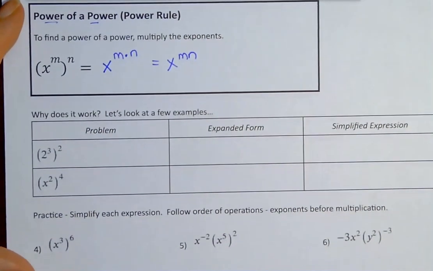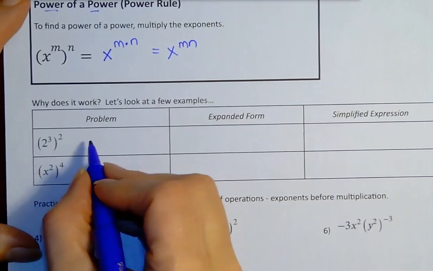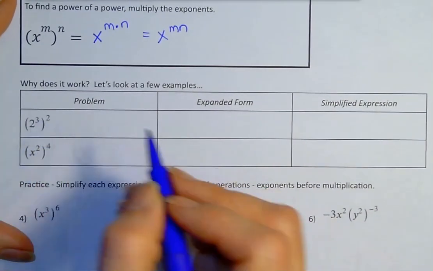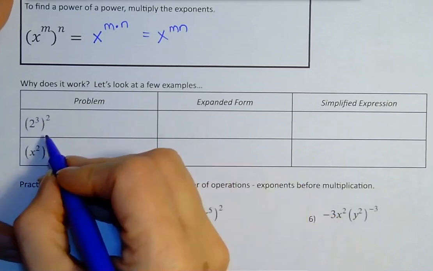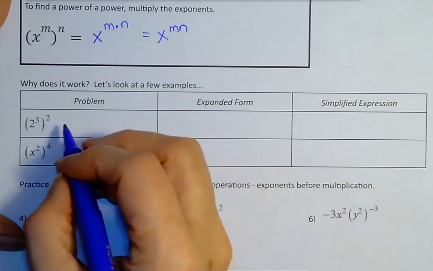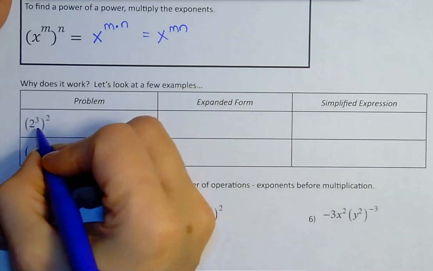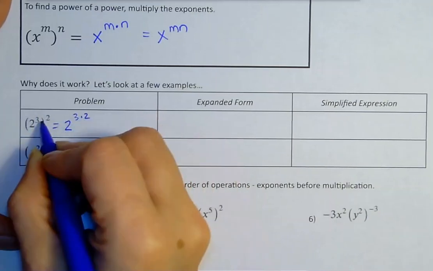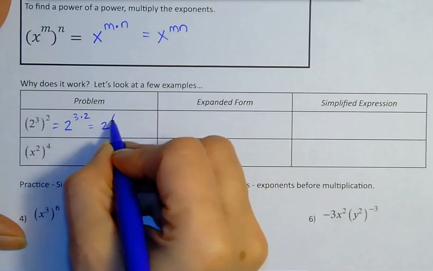All right, so let's look at some examples and see if we can make sure we are proving this to ourselves. 2 to the 3rd, all squared. If I follow my rule, then I am saying that this is 2 to the 3 times 2, right? Which equals 2 to the 6th.